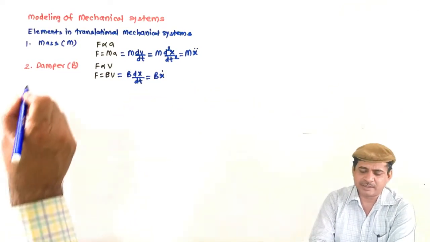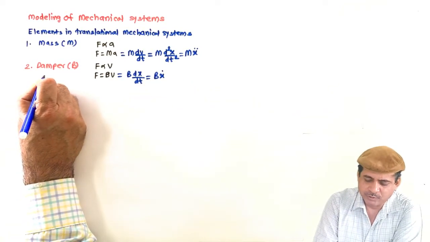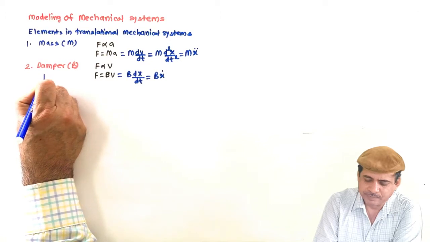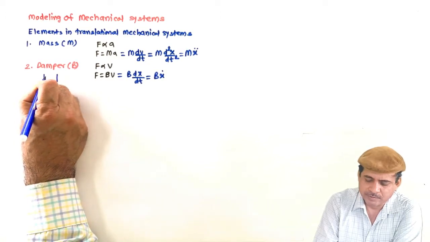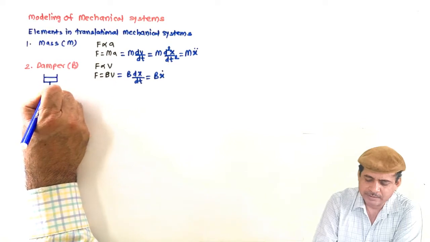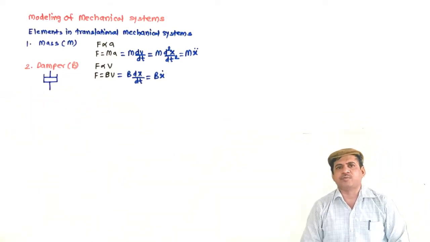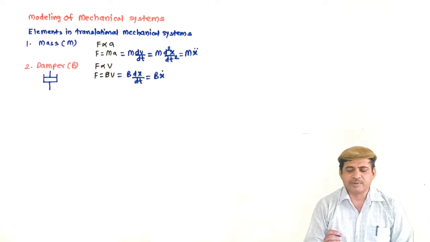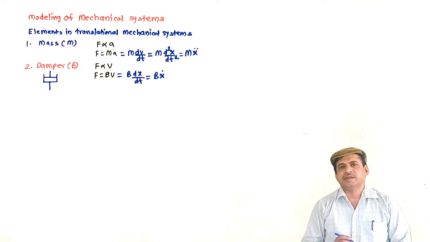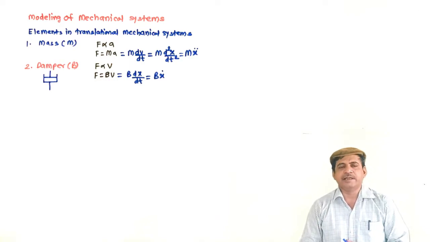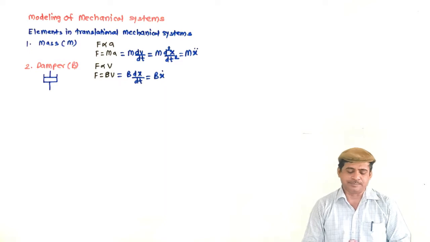And this damper is also called a dashpot. It is a device like this, and if we apply a force on this, there will be a displacement x, and that x will have a relation with the applied force as F is equal to B dx by dt.